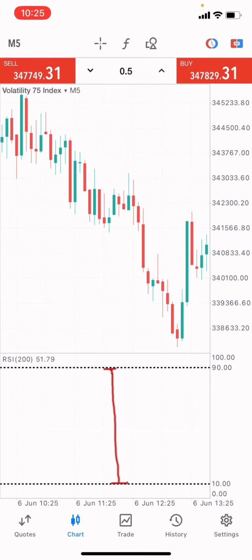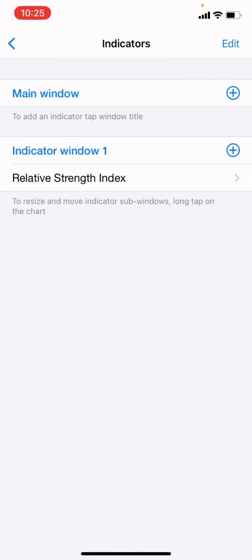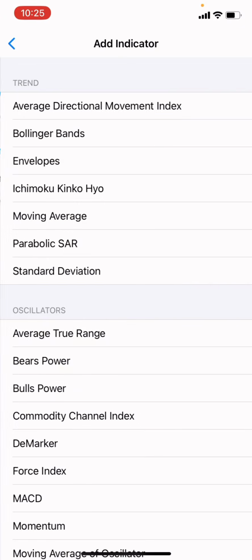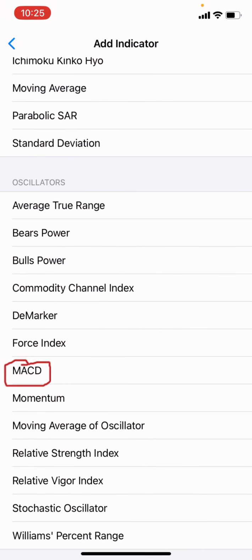The second indicator we're going to be using is the MACD. You go to your indicators, you choose indicator window 1, not the main window. Then you choose the MACD.